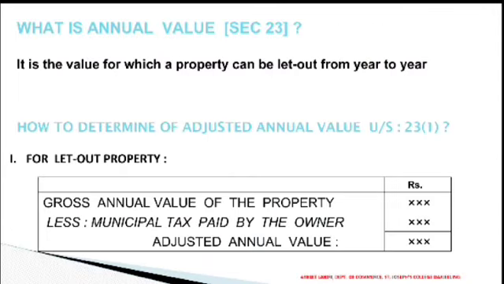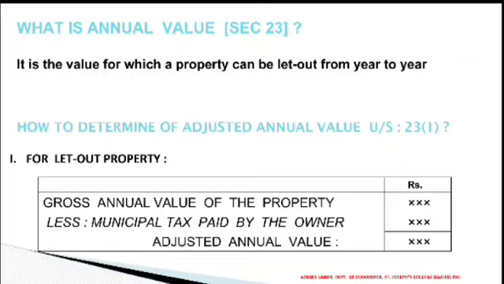And then what is annual value? Under section 23, it is a value for which a property can be let out from year to year. So here, how to determine the annual value under section 23 subsection 1 for let out property.